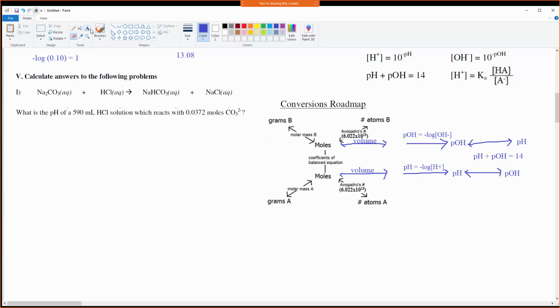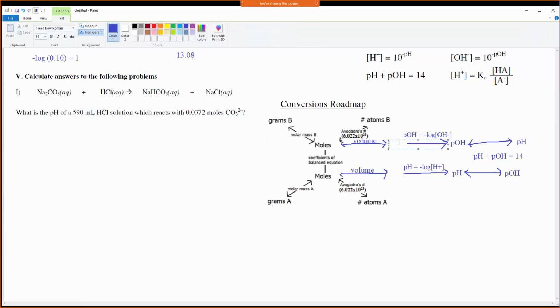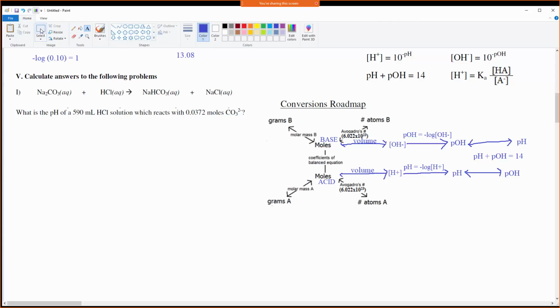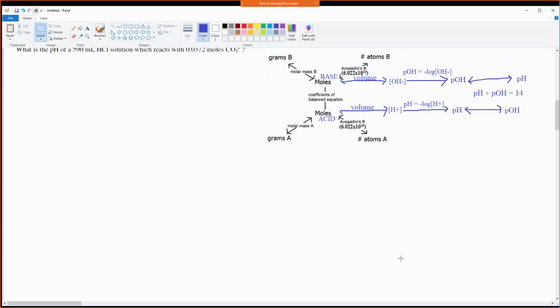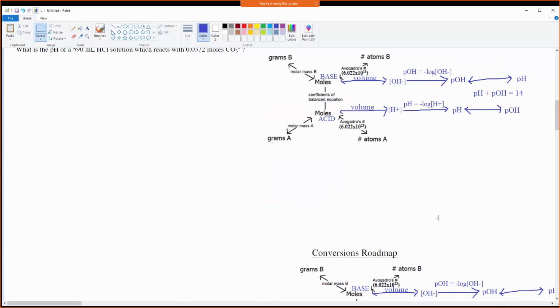Let's be specific about that. This is because it's my base. This is because it's my acid. Okay. All right. Now I'm going to copy and paste this because I'm going to use it again later.